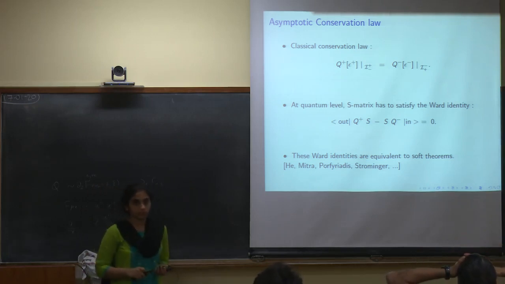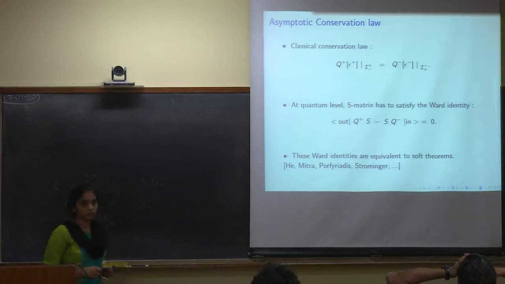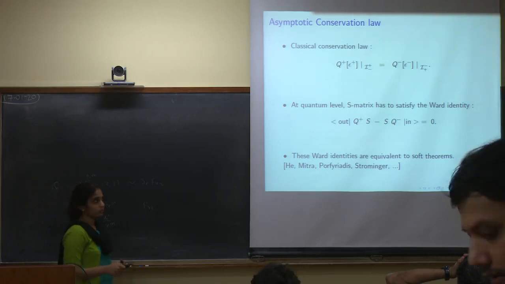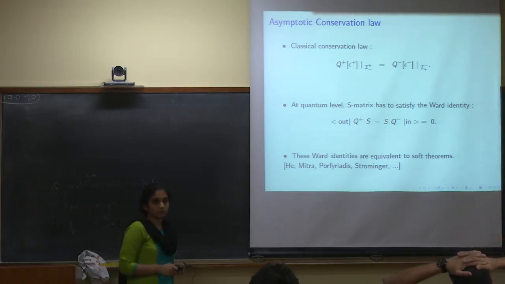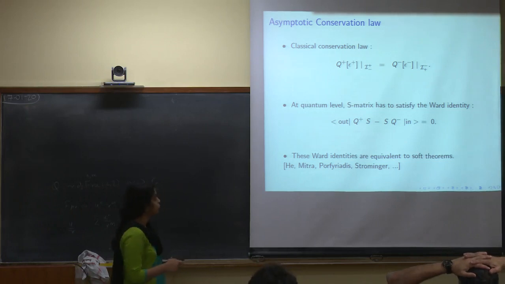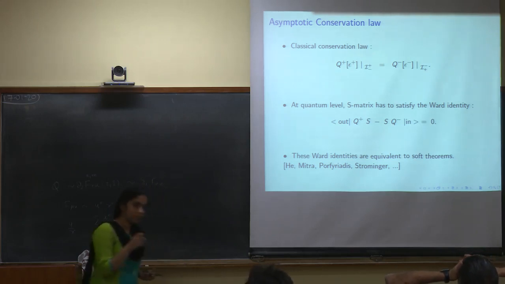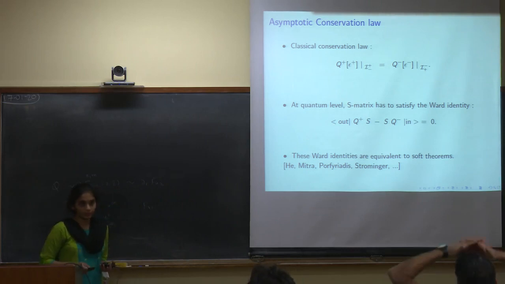If I work in the A_u equal to 0 gauge, then these will be charges corresponding to gauge transformations which do not die off on the sphere. So you start with this charge, understand its action on the free data of your theory, and then you can show that it actually leads to the large gauge transformations for the leading soft theorem.